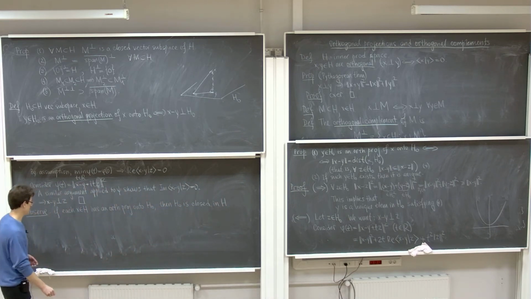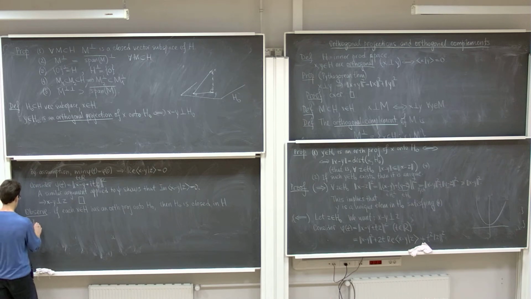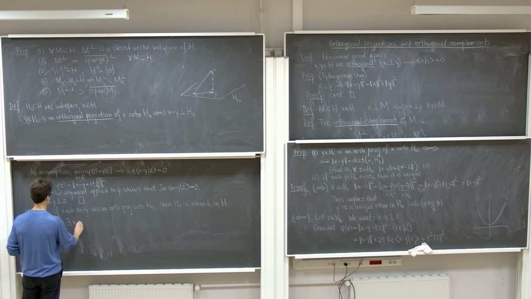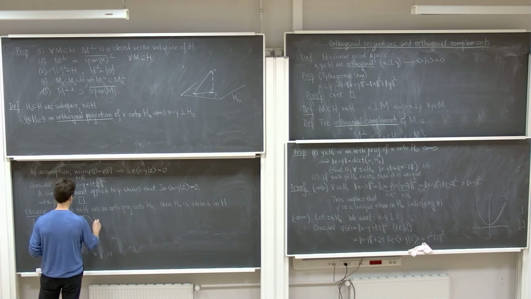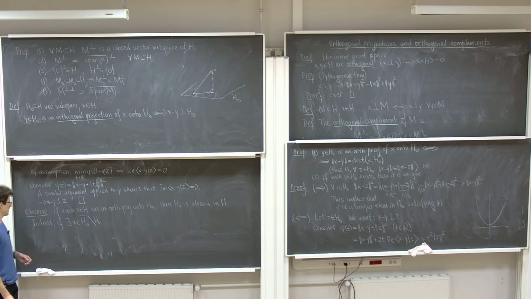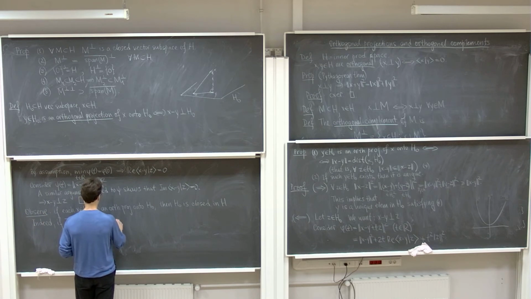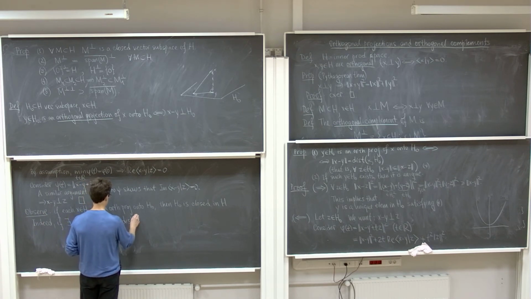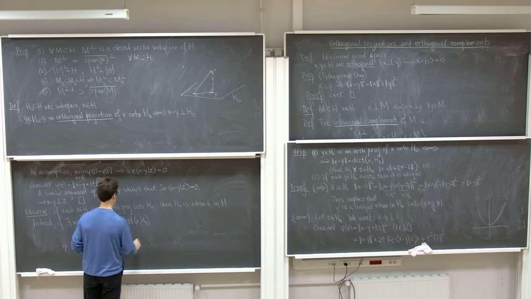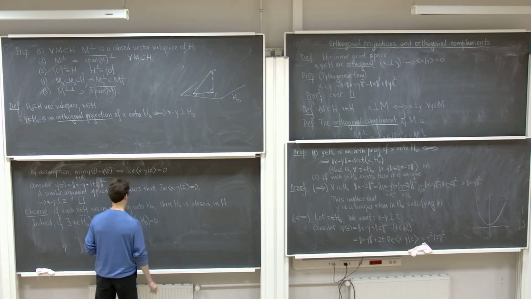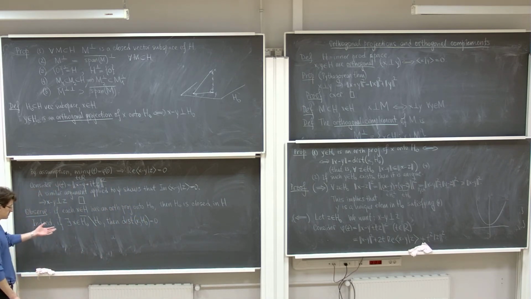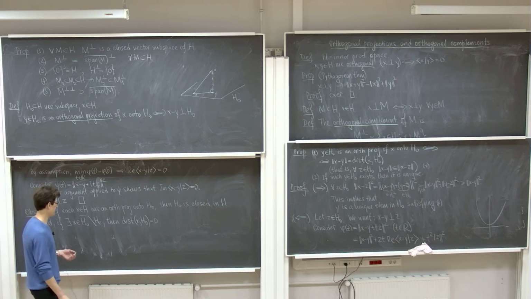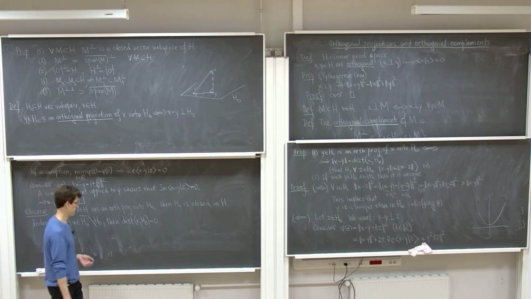Why is it so? Well, indeed, if this is not the case, if there is an element x in the closure of H0, but which is not in H0, so what can you say about the distance? The distance is 0, of course. So the nearest point in this case is the element x itself.